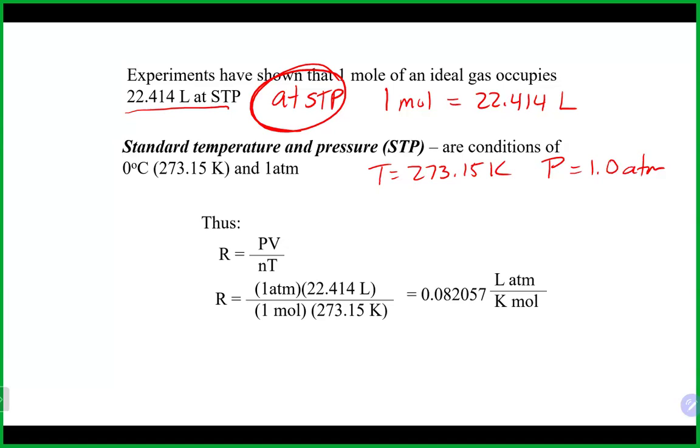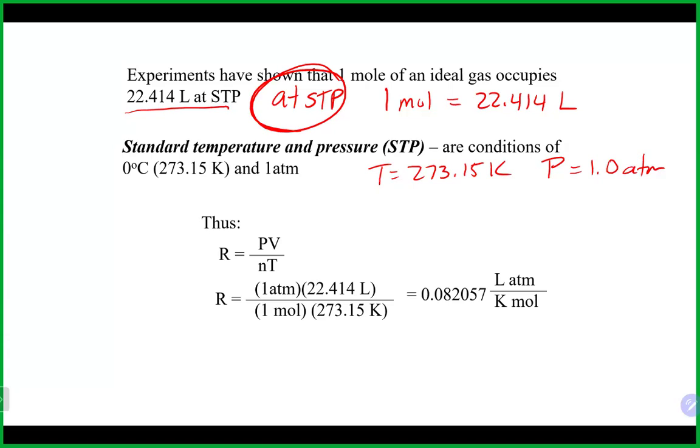By the way, if you're under STP conditions, you could still use the ideal gas law. You could use it with 273 for temperature and 1 atmosphere for the pressure. So the deal with the ideal gas law is this: it can be used under any conditions. It's kind of like a universal gas law. You could use it under any conditions, standard conditions, non-standard conditions. Just put the numbers basically in there.